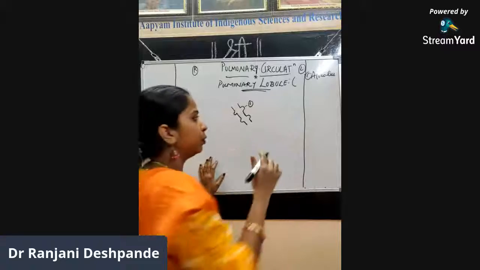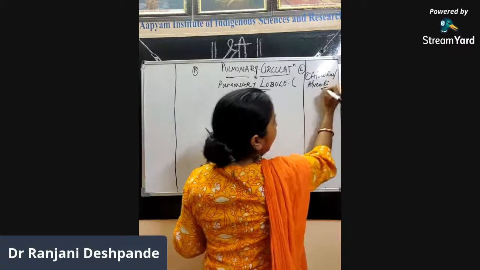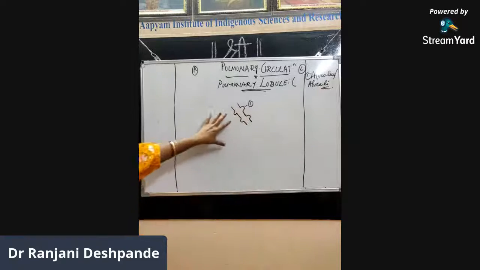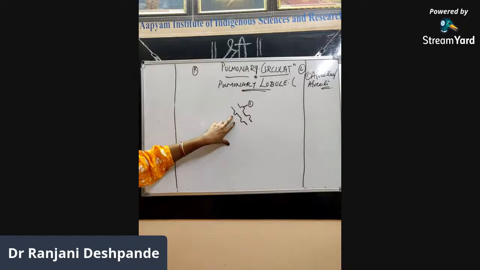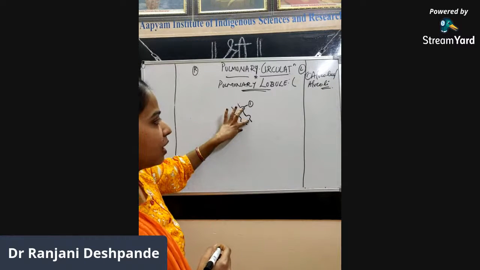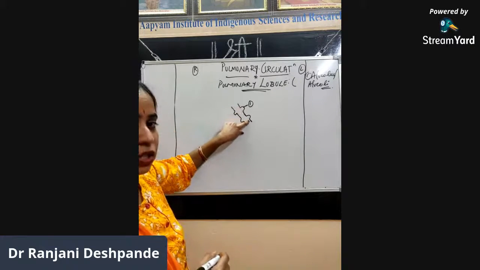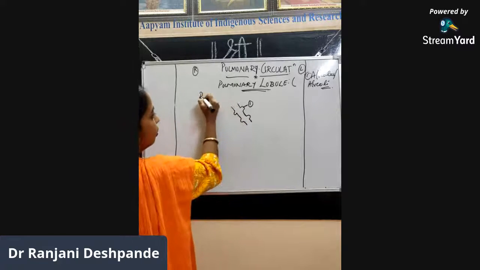In the plural, it is called alveoli, when put together. So we have the bronchial passage, and this bronchial passage, consisting of the alveoli, is called the respiratory bronchiole.